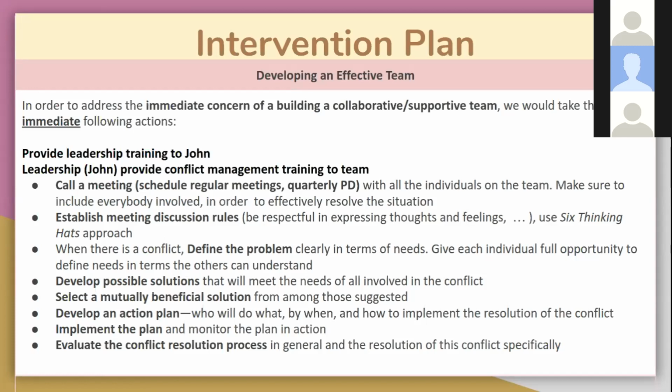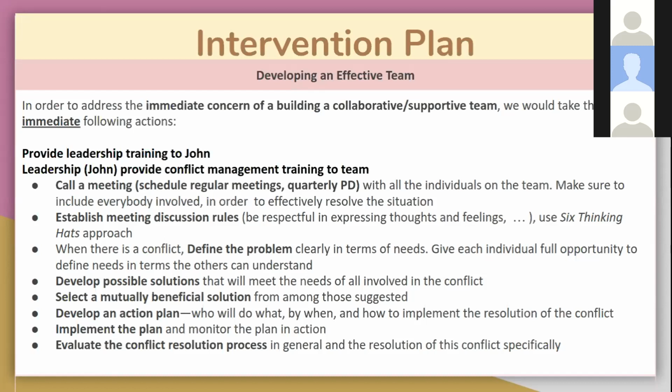Next, we recommend establishing meeting rules, being respectful, giving everyone opportunity to express their feelings and thoughts, which again, we recommend the team using the 6 thinking hats approach. Now we go more into helping John with conflict resolution.